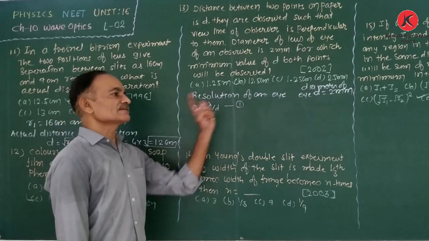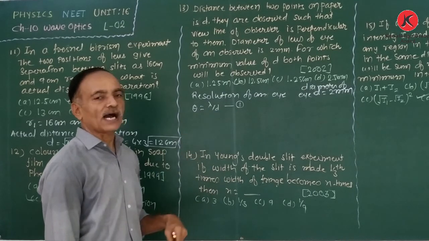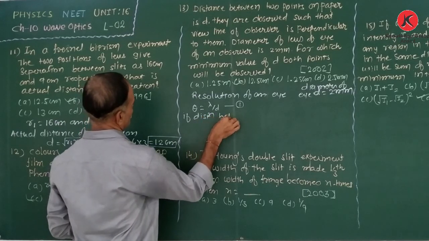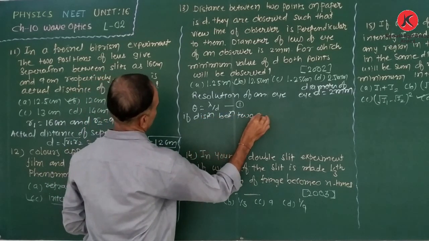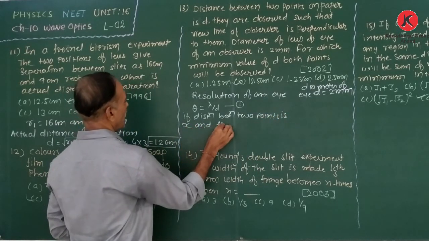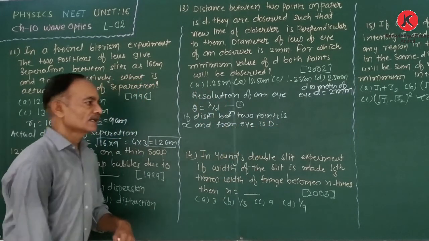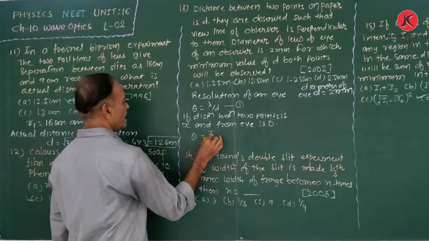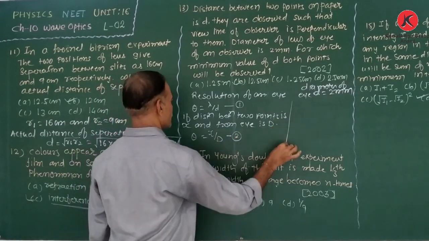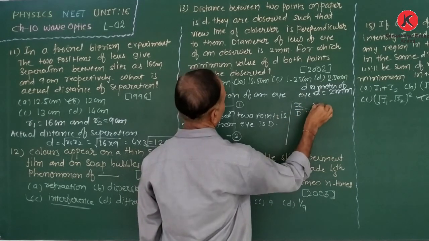Now, if the distance between the two points is x and the distance from the eye is capital D, then theta is equal to x by capital D. From these two equations, x by capital D is equal to lambda upon small d.